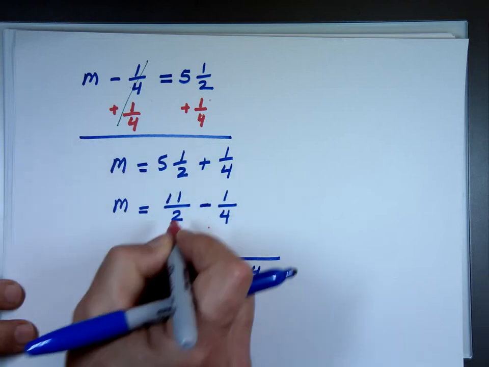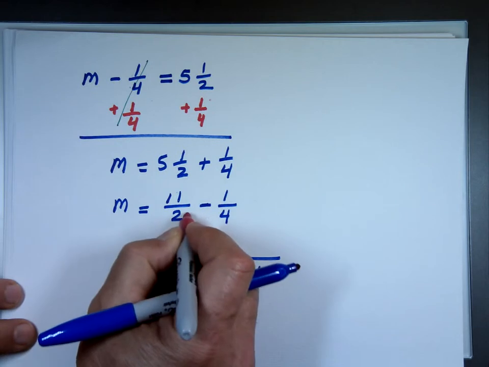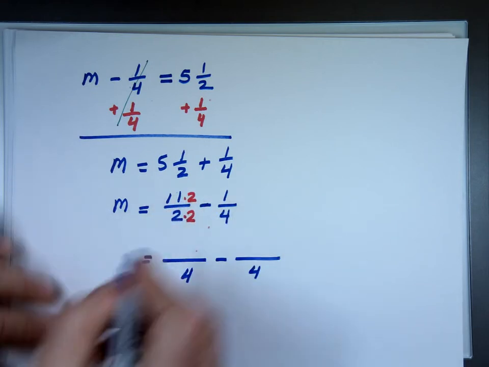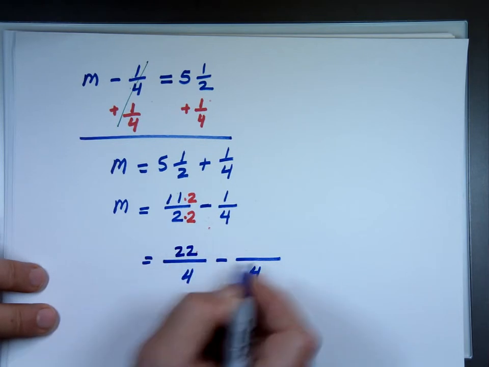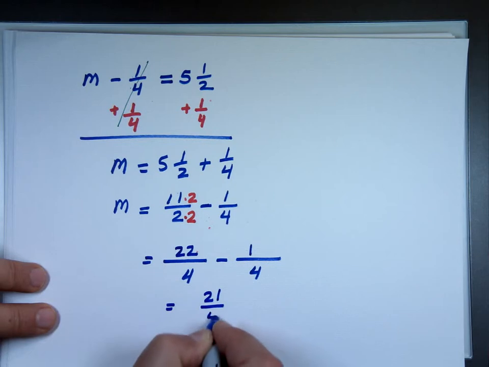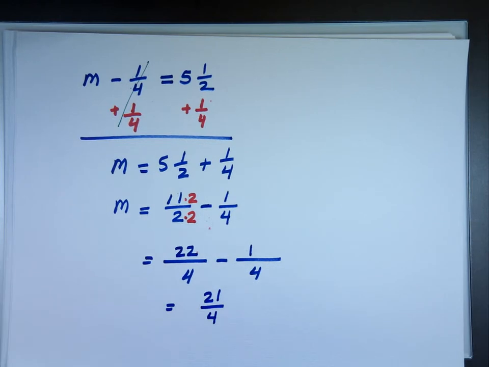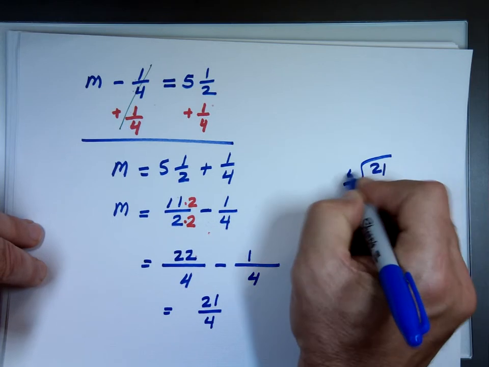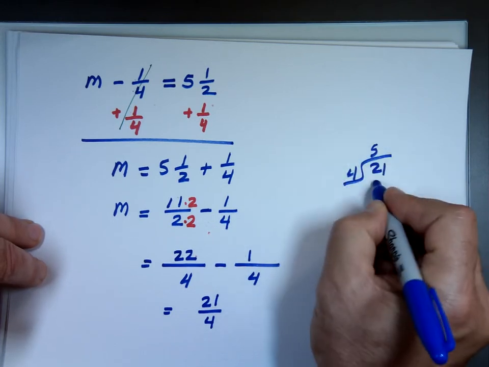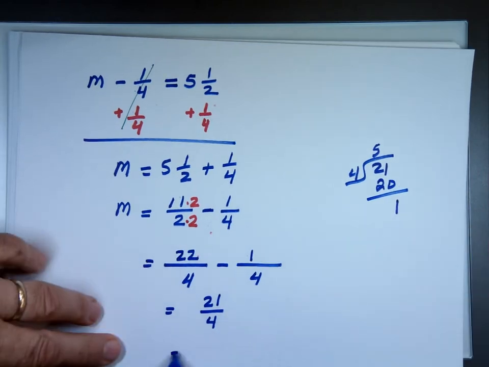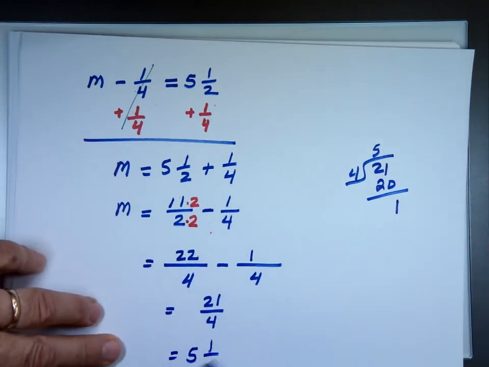So I need to multiply this by what to make it 4? 2 times 11, 22 minus 1, what do we have? 21 over 4. Now again, go to the side. 21 by 4, it looks like a 5. 5 times 4 is 20. What's the remainder? 1. That's 5 and 1/4.